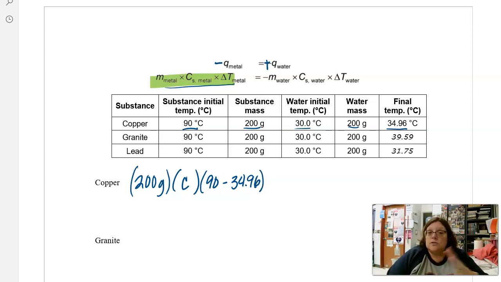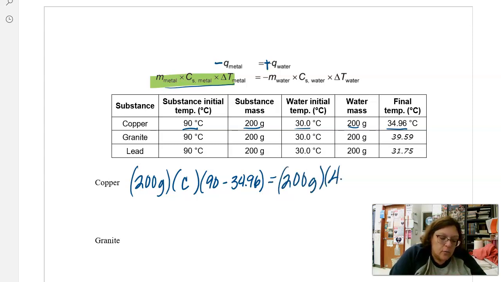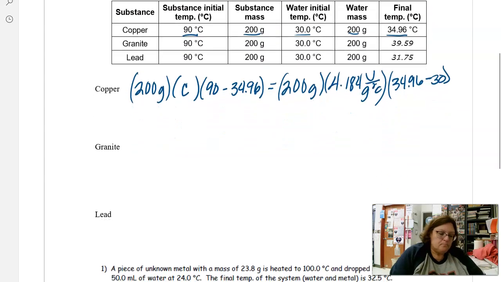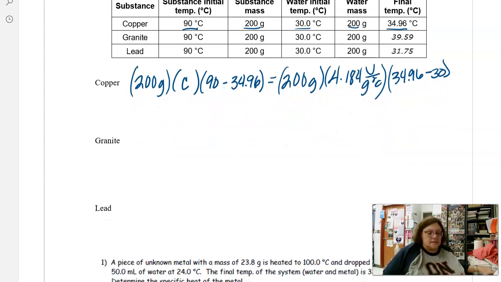We're not going to worry about who's gaining and who's losing for right now. That would be equal to the mass of the water times the specific heat of water, 4.184 joules over grams degrees Celsius, times the final temperature, 34.96 minus 30.